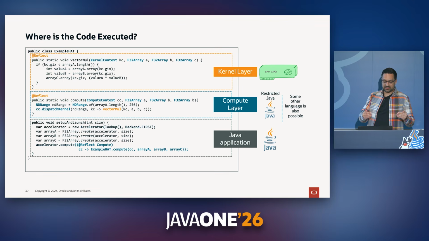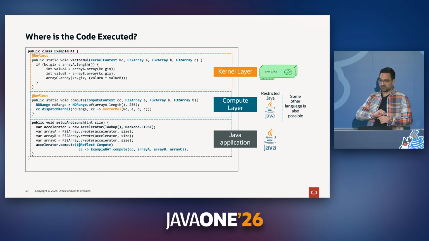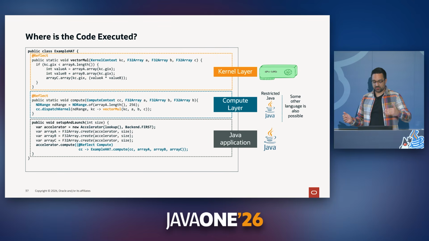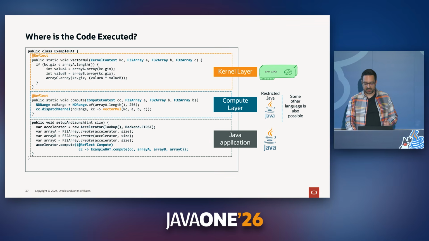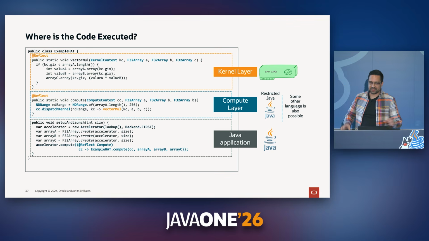It's syntactically correct Java and semantically correct Java, but with some restrictions. For example, we don't support recursion. It's reachable through reflection, so we have to be careful what we put here in order to be able to communicate with the accelerator. The last piece is what we call the Java application, just to invoke the compute layer, and that's standard Java and runs on the host in the Java virtual machine. So hopefully this diagram shows how all these pieces are connected together and where they are executed.